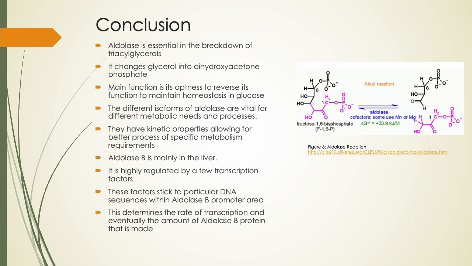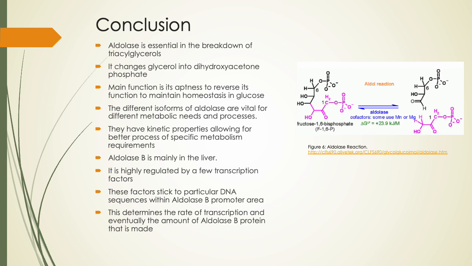HNF1 is a transcription factor that is critical in the regulation of liver-specific gene expression, including aldolase B. CEBP and DBP transcription factors also help in regulation of aldolase B, mainly through an interaction with a particular promoter element found in the aldolase B gene.